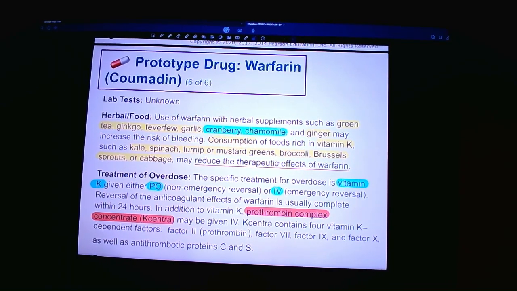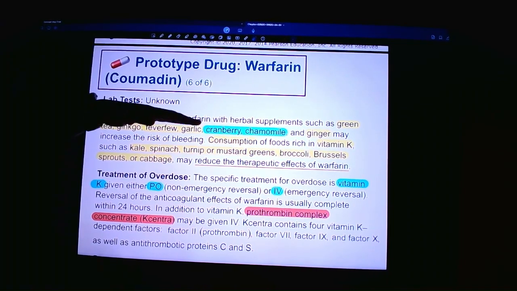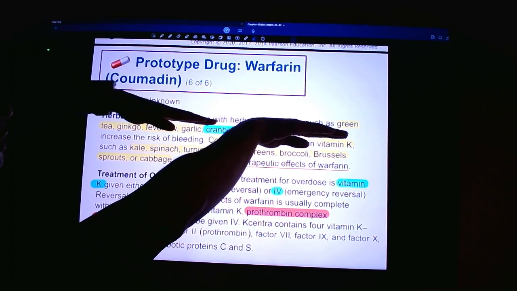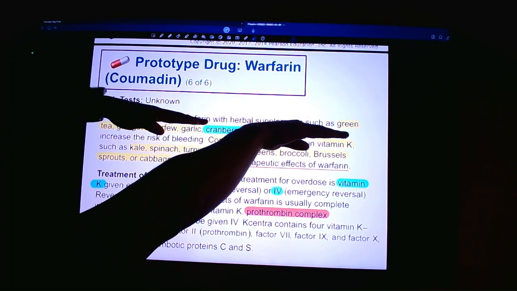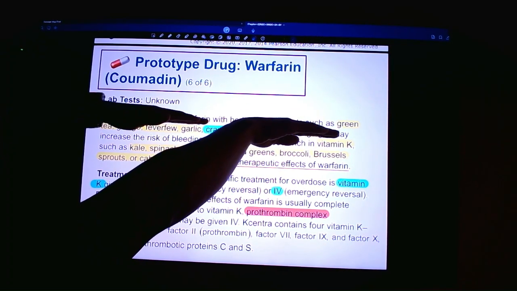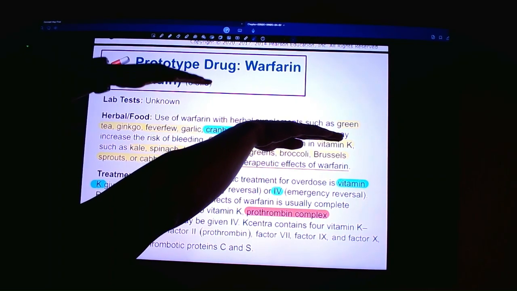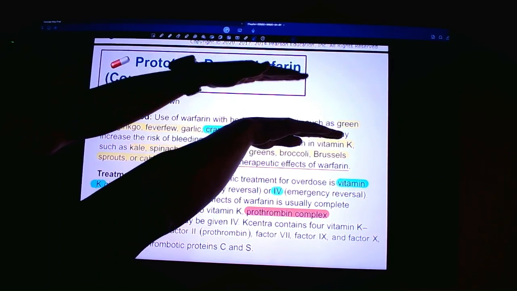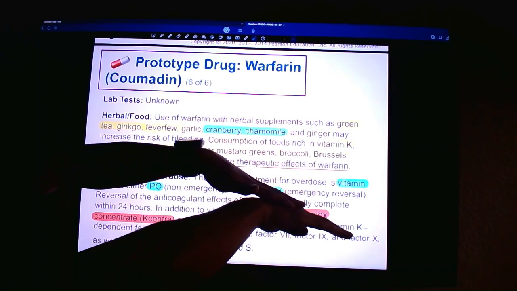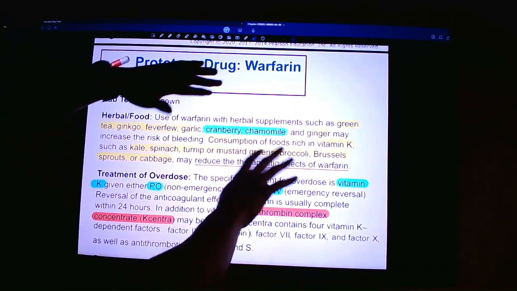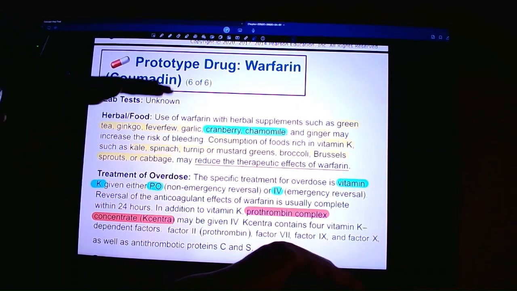But it makes sense that if you take more vitamin K, imagine we're at the same level here, here's the amount of drug we have and the amount of vitamin K we have. If we have more vitamin K, it will drown out the drug and diminish the effect.